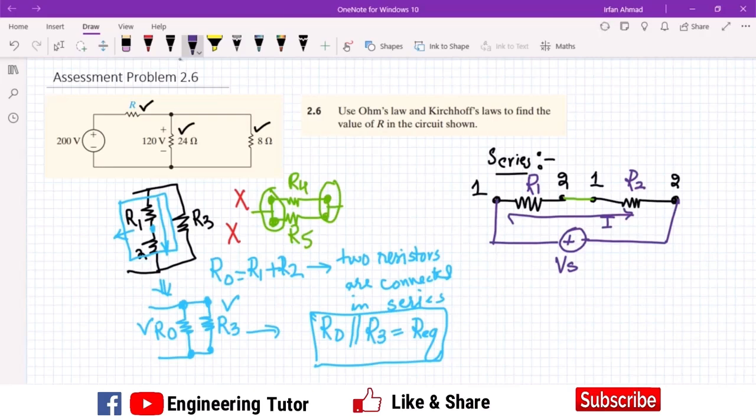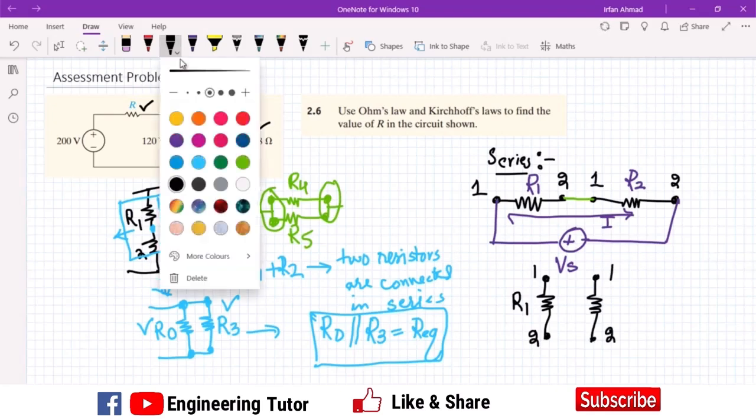Similarly, when we have another combination, same resistors R1 with ends 1 and 2, and another resistor with ends 1 and 2. Let me use the same colors which I have used previously.